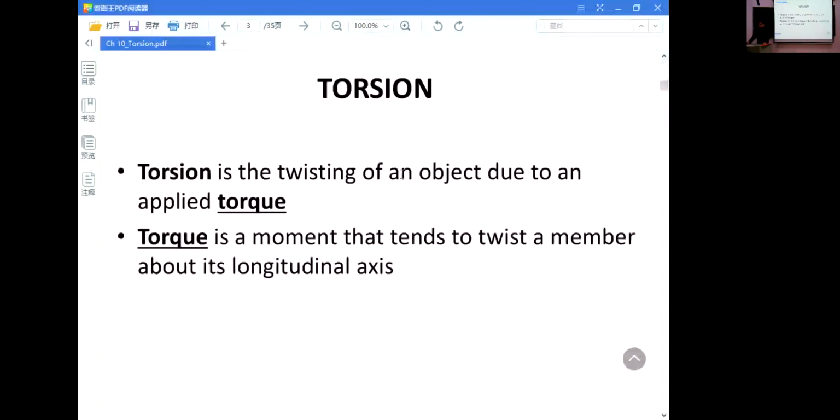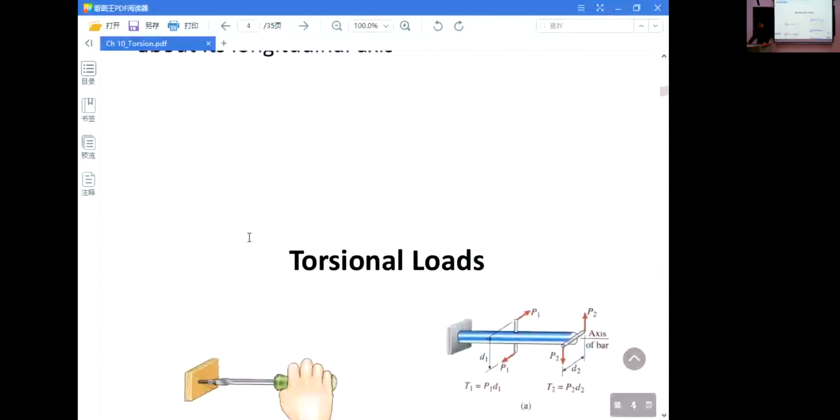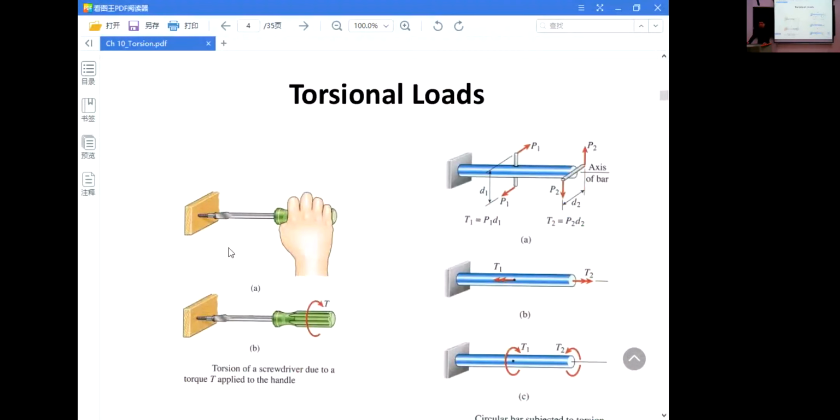Torsion is the twisting of an object due to an applied torque. Torque is the moment that tends to twist the member about its longitudinal axis. Actually, this is some example for a shaft. This is a shaft. This is a torque. When we express a torque, we have two ways. One is the direction of the torque.